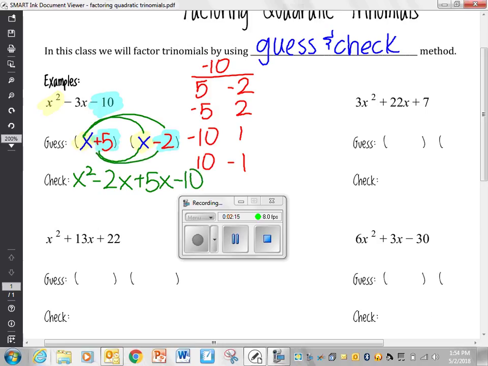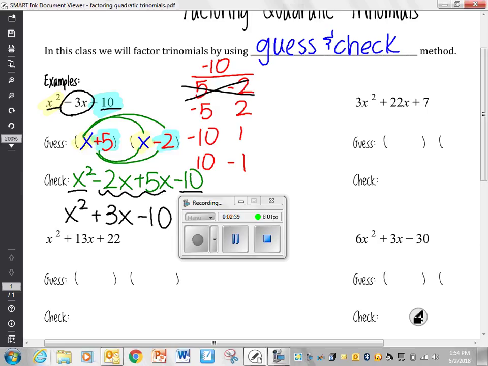You should definitely know for sure that these two numbers match up because you were already checking for that. Ultimately, what you're really checking for in this check step is, does this add up to negative 3x? So if I combine my terms, I get plus 3x minus 10. I want it to be minus 3x, so that means that this is not a match and I have to try again.